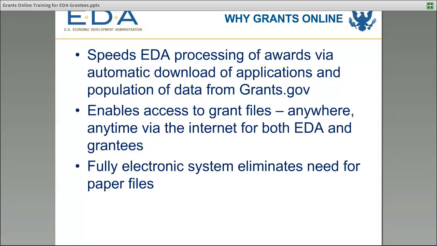So when you apply via grants.gov, Grants Online will download your application from grants.gov, pre-populate a lot of data and information for us into the system, a feature we don't have currently under our old processing, and enable us to get right into the heart of processing your application.